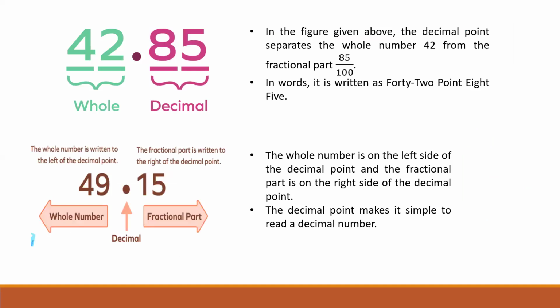Now, here is an example in the first figure. In the figure given here, the decimal point separates the whole number 42 and the fractional part 85 upon 100. So this point is called a decimal point, and it is dividing the number into two parts.